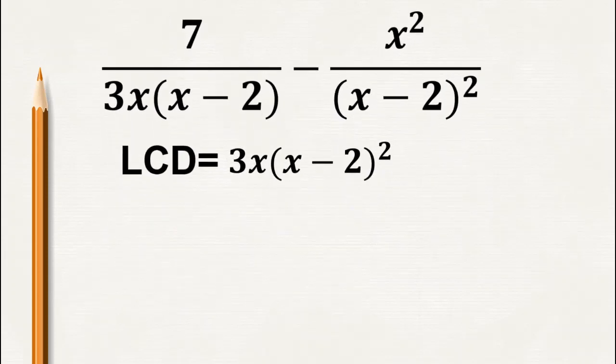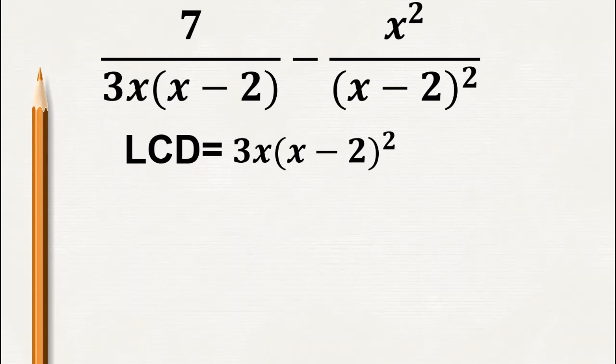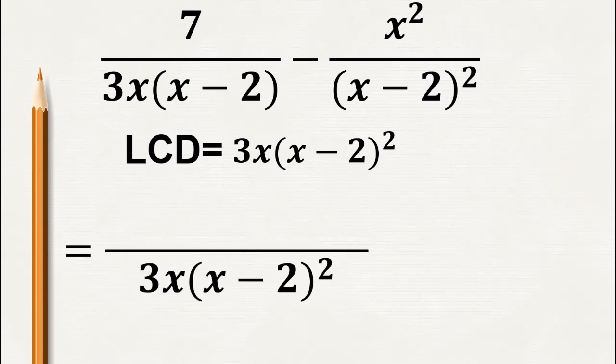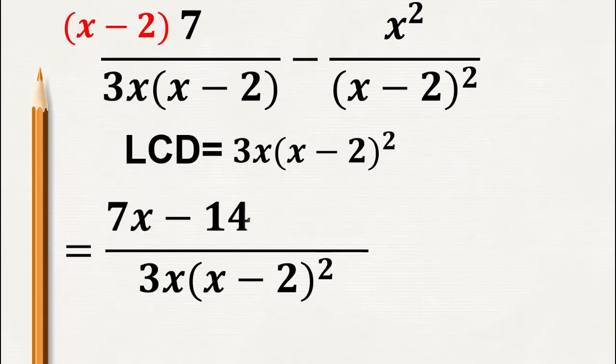Next, copy our LCD and then divide the LCD by our first denominator, we have x minus 2. Multiply it to 7, so we have 7x minus 14.